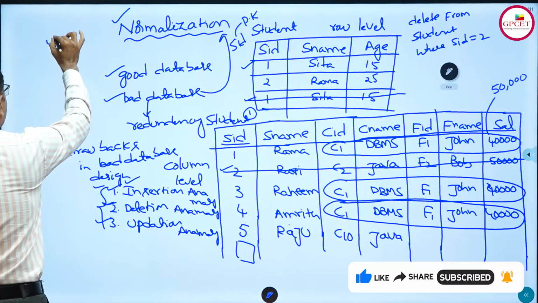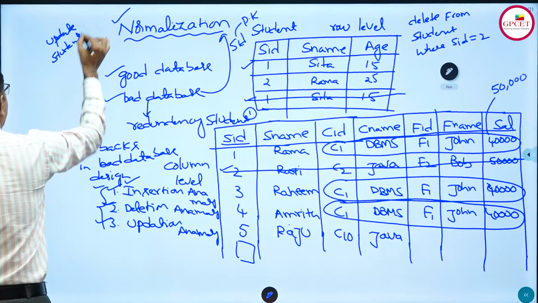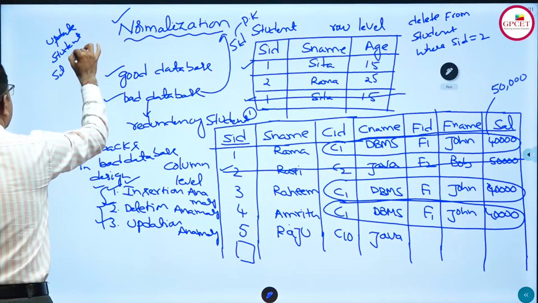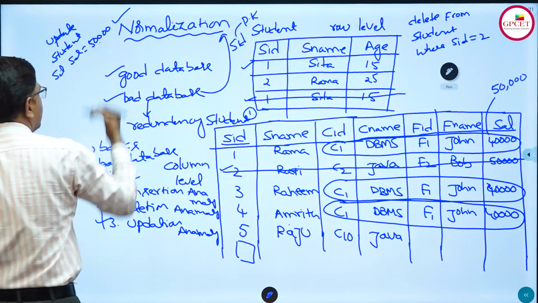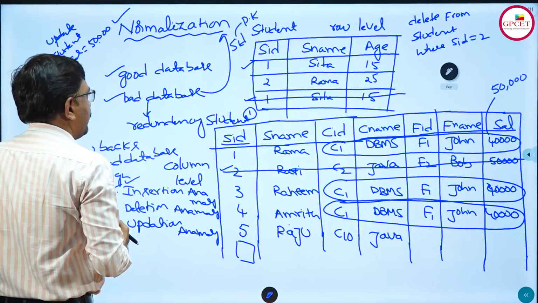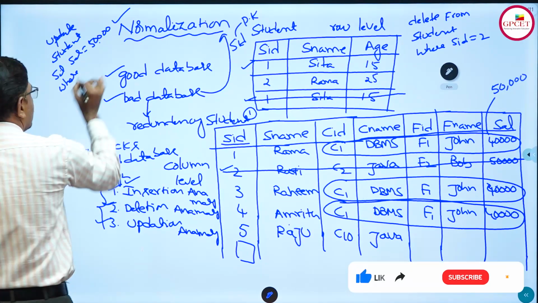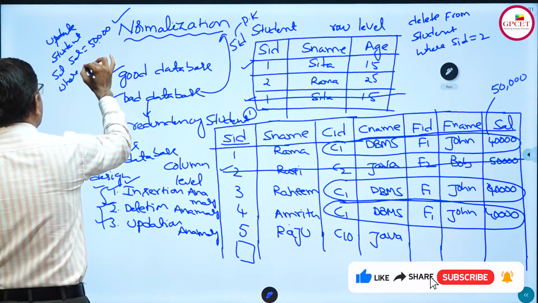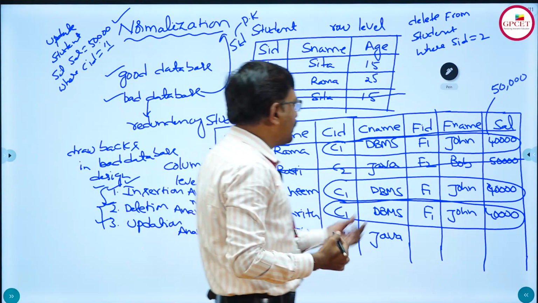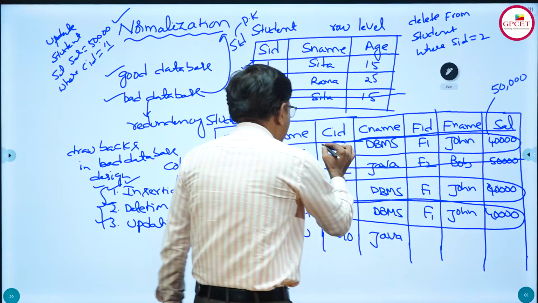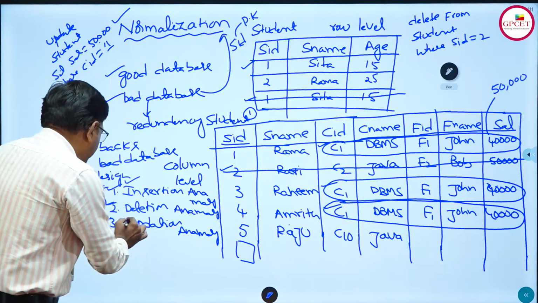It is UPDATE table name, that is student, SET salary equal to 50,000, WHERE CID equal to 1. Observe here, if you want to update the salary, C1 appears 3 times, so 3 times it must be updated. That is an updation problem.